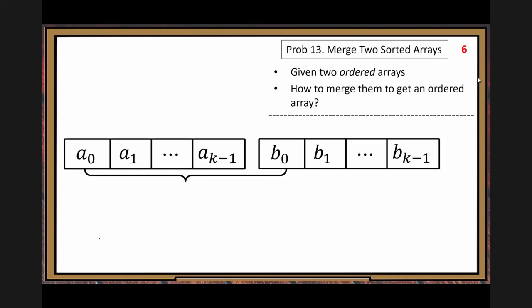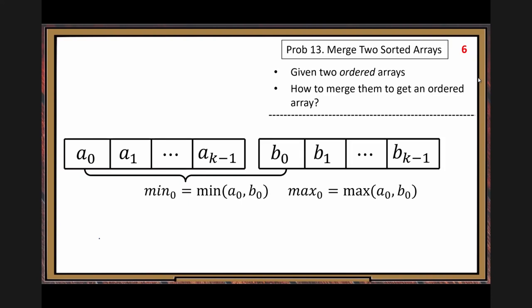A0 is the smallest element in the first subarray, and B0 is the smallest element in the second subarray. Let's compare these two elements first. Which one is smaller? Which one is larger? The smaller one we call min 0, and the larger one we call max 0.